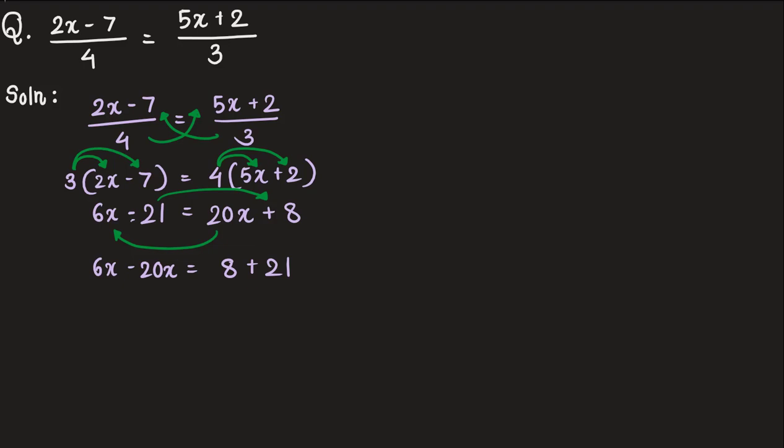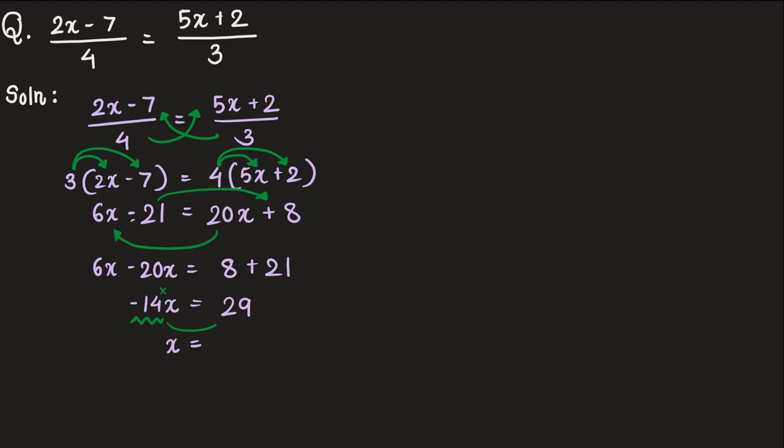So here clearly we can see it is coming in negative, that is, the answer is minus 14x. So the next is 8 plus 21. 8 plus 21 clearly is 29. So here we can write x is equal to this minus 14, here it multiplies.